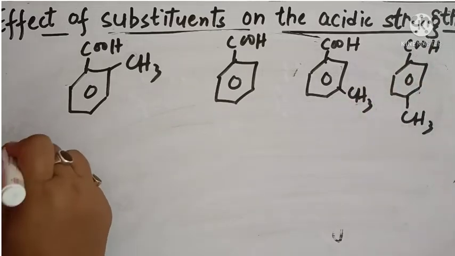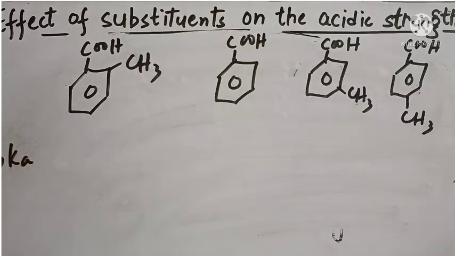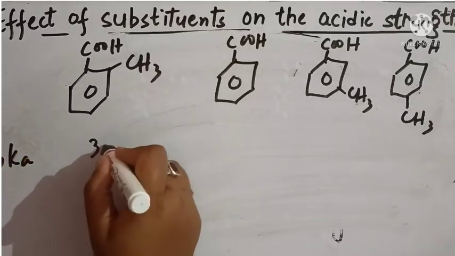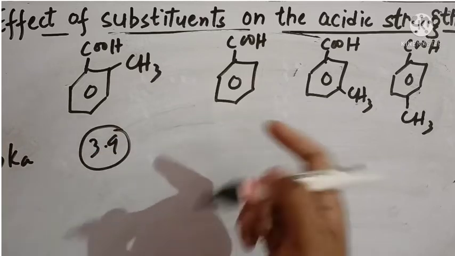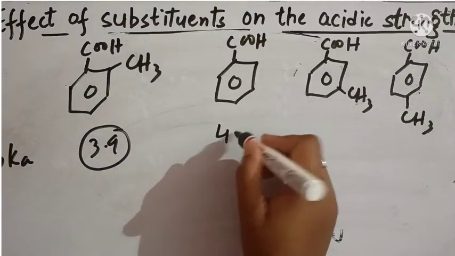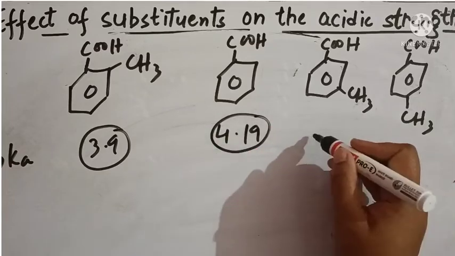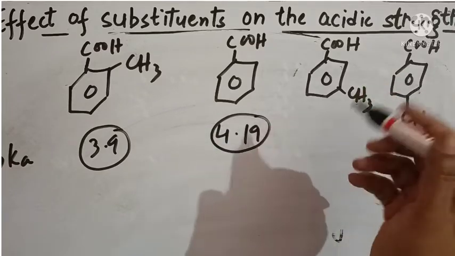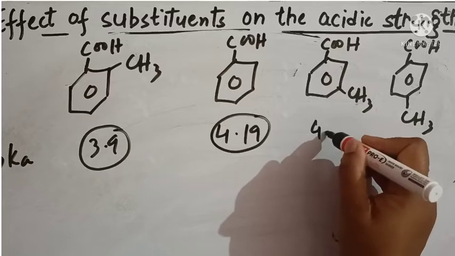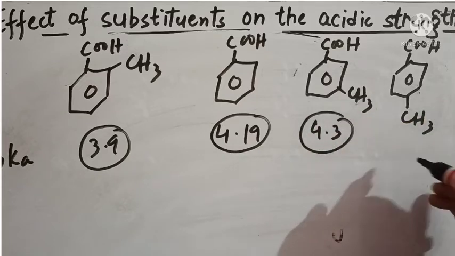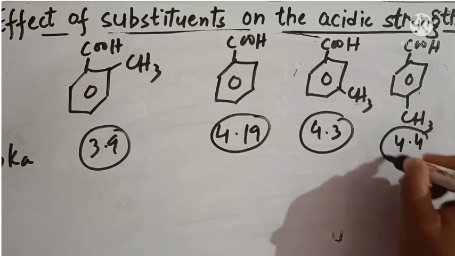So if I write the pK value for the orthotoluic acid, it is around 3.9. For the benzoic acid, as we just saw, it is around 4.19 or 4.20 you can say. And for the metatoluic acid, it is around 4.3, and for the para it is around 4.4.